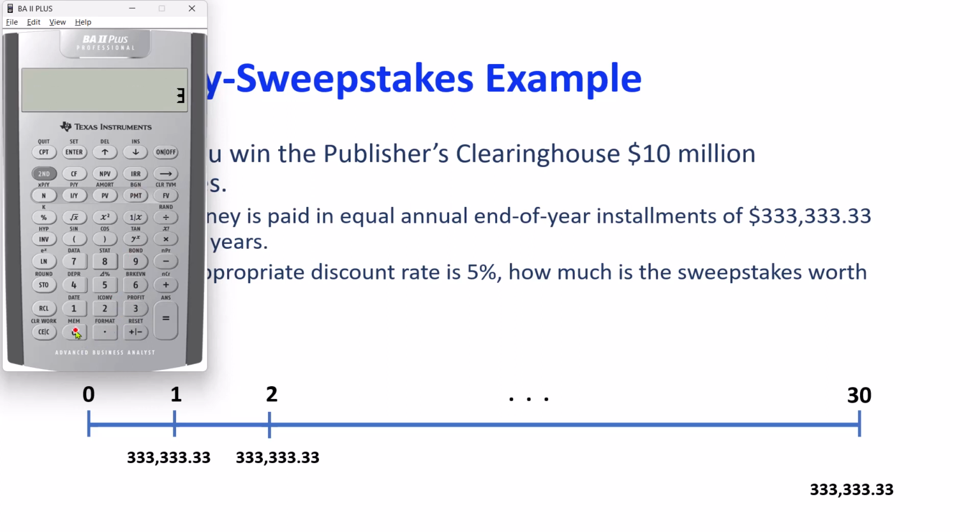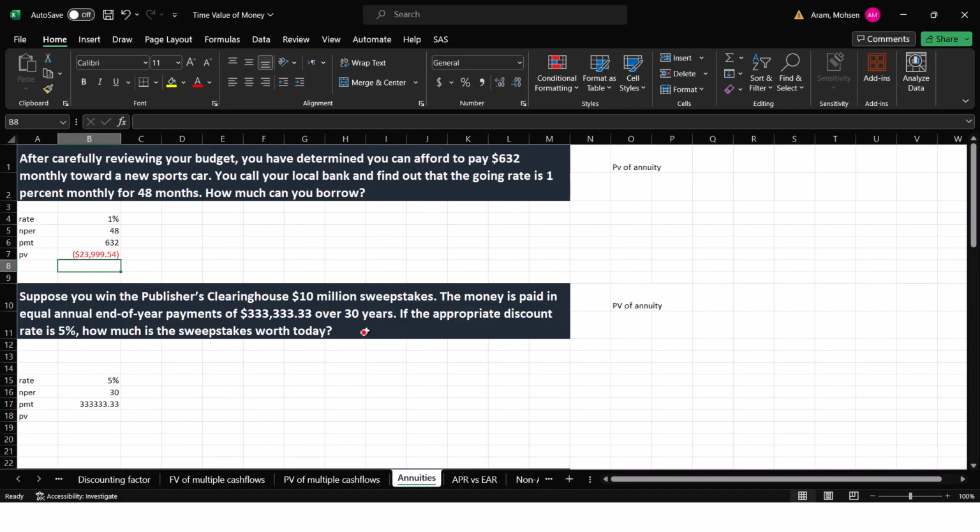You receive it in 30 years, and our annual rate is also 5, so we can calculate the present value. So in fact, given this 5% discount rate, this $10 million that is paid over 30 years, the present value is just $5,124,150.